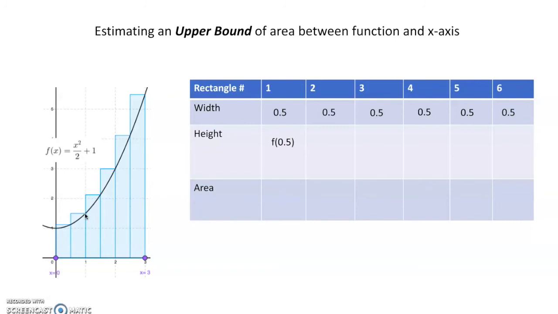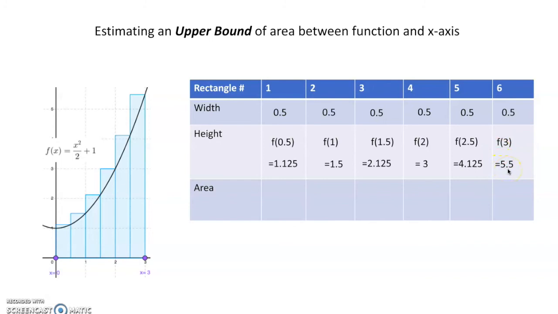So that means the height of that rectangle is f of 1. And the pattern continues. f of 1.5, f of 2, f of 2.5, and f of 3. Fortunately, all of these numbers we actually calculated in the previous example, so we don't actually have to do any new calculations there. Those are all the same. If you plug f of 3 into the function, f of 3 is equal to 5.5.